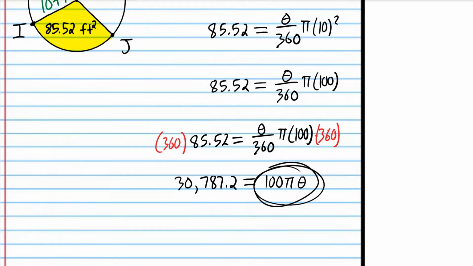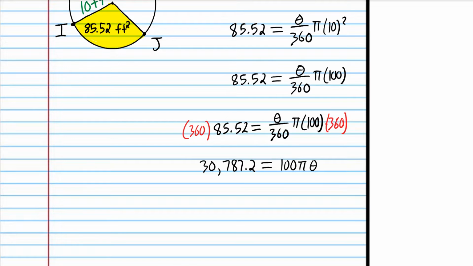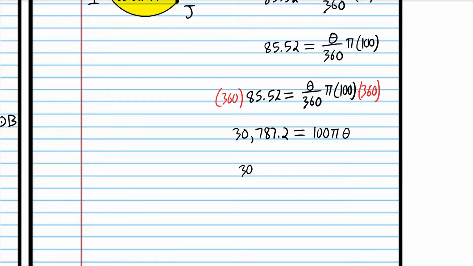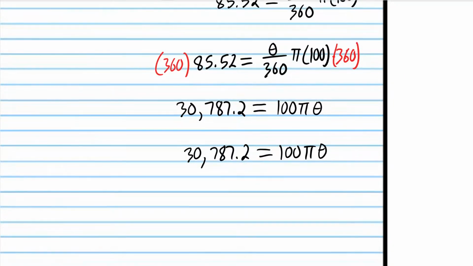Now, don't be confused by this, because that theta kind of looks like a 0. So now, again, I'm showing a lot of steps here, but you don't have to really show these steps. I don't require you to do that, because this is just basic algebra. So now we're going to divide both sides by 100 pi.